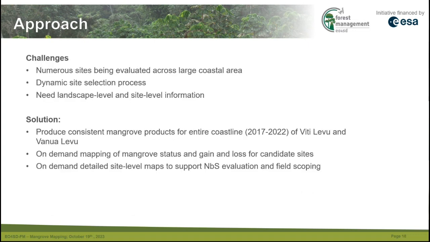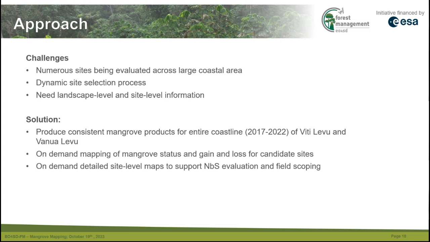The challenge that we faced was that there were numerous sites all across these islands being evaluated. It's a large area. The site selection process was dynamic, so candidate sites were being considered and new sites were coming up. So we needed to have landscape level information, but then when a site was under serious consideration, to have site-specific, site-level information.